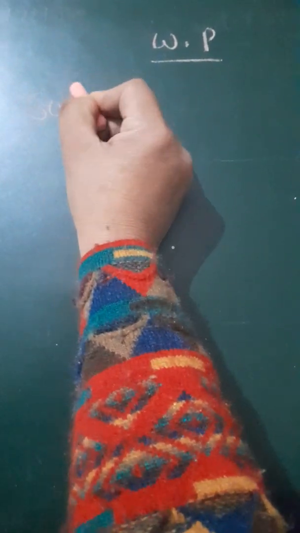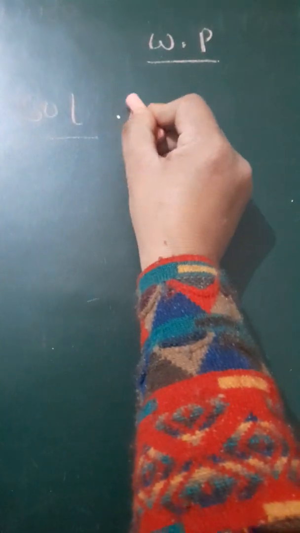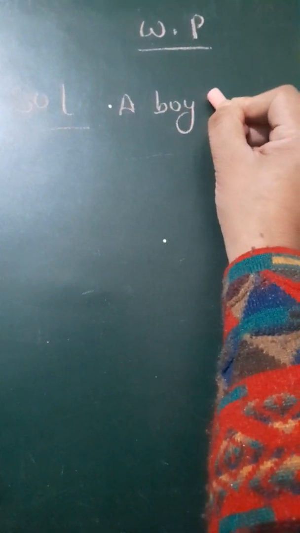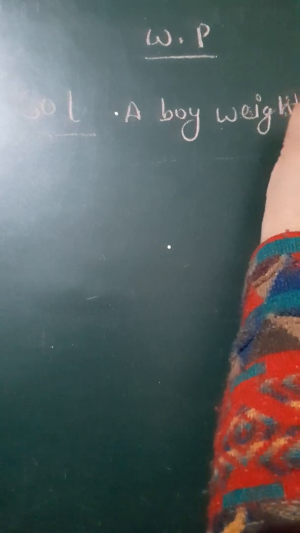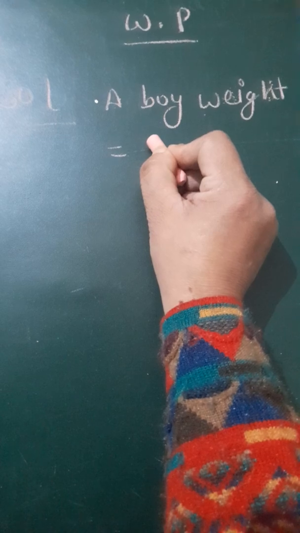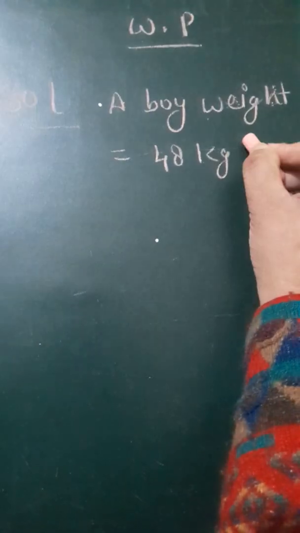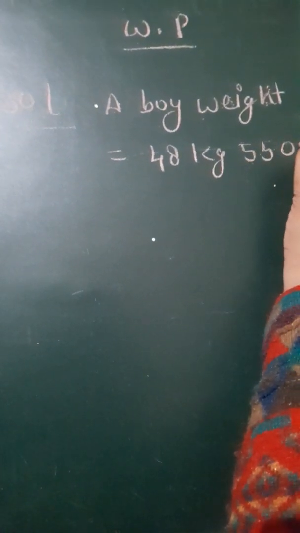First we'll write solution. A boy's weight is equal to 48 kg 550 gram.